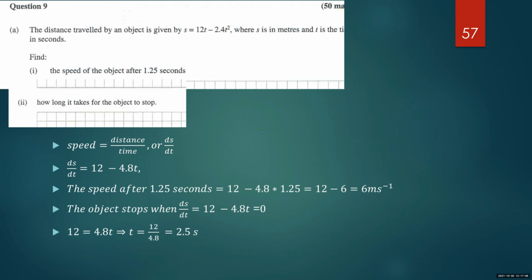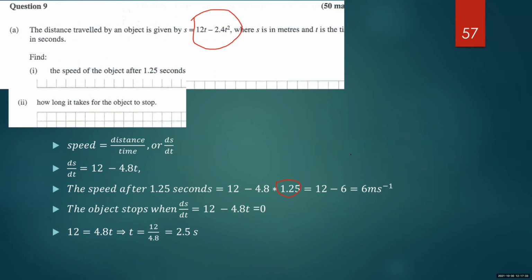So the speed is distance over time, or ds/dt. So when you differentiate 12t minus 2.4t squared, you get 12 minus 4.8t. So the speed after 1.25 seconds then is 12 minus 4.8 multiplied by 1.25, and that becomes 6 meters per second.